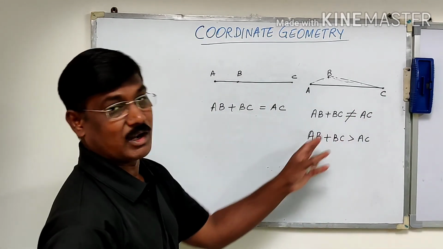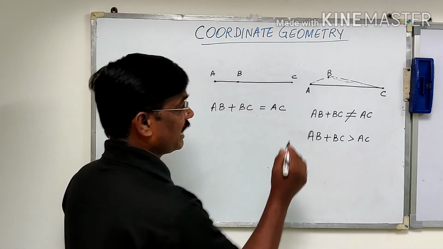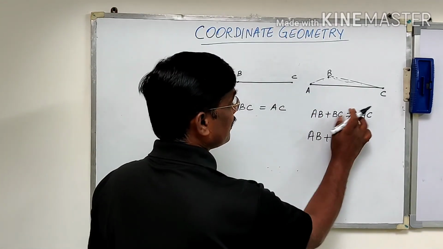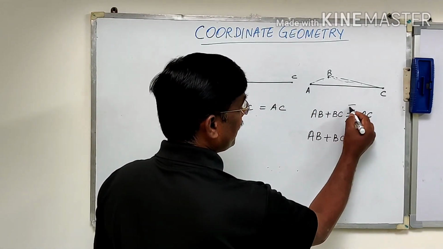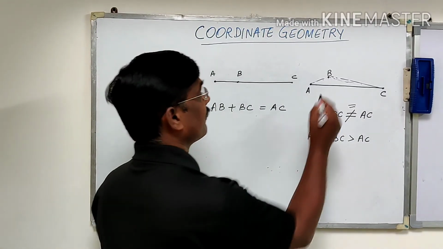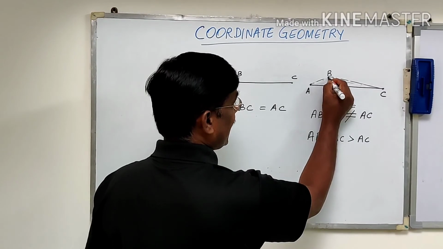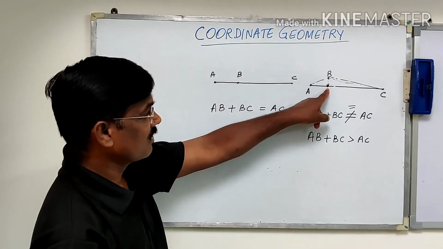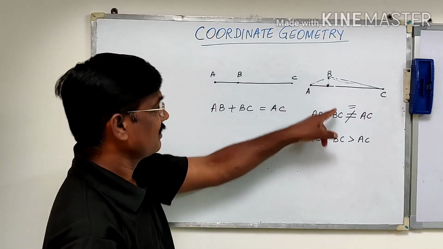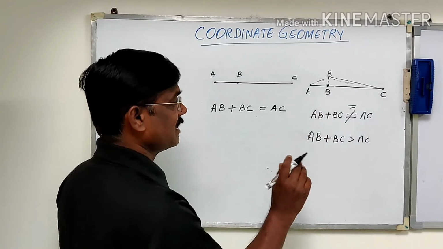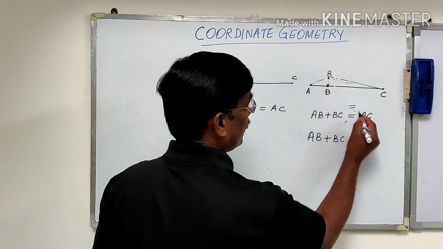They never become equal. At what condition will this become equal? Only if and only if B lies here. If B is shifted onto the line, then AB plus BC is equal to AC.